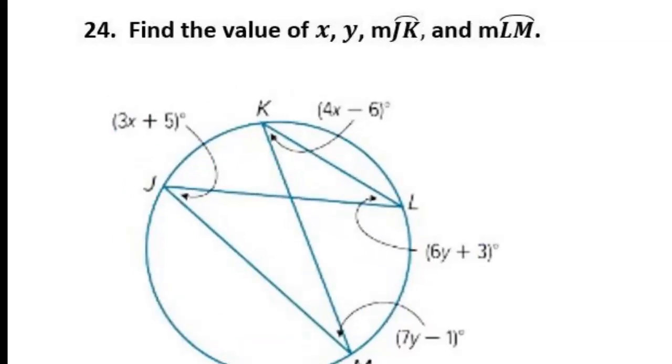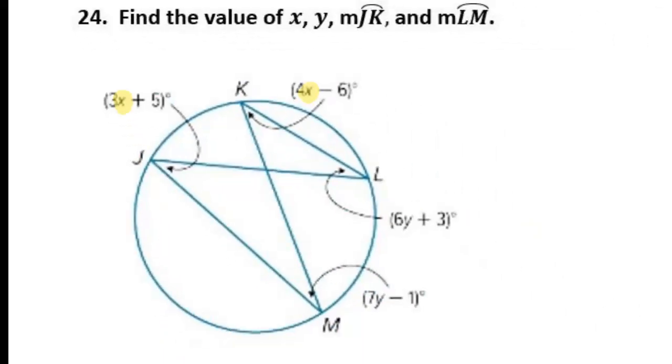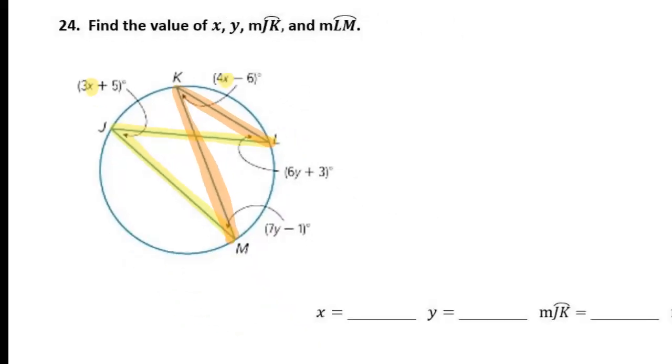Well, x is right here and right here. X is part of angle J. Here's angle J. And x is also part of angle K. Here's angle K. Both of those angles are intercepting this arc right here.